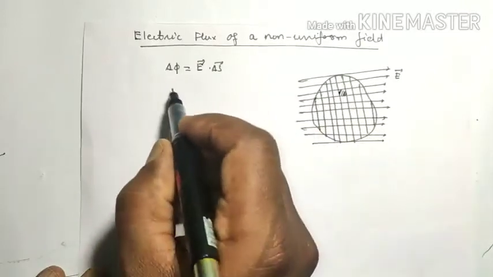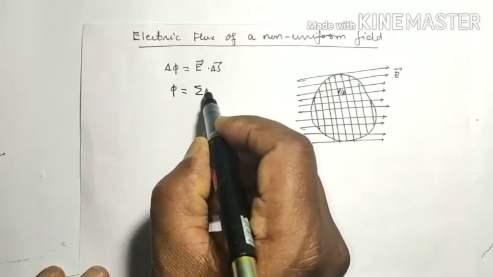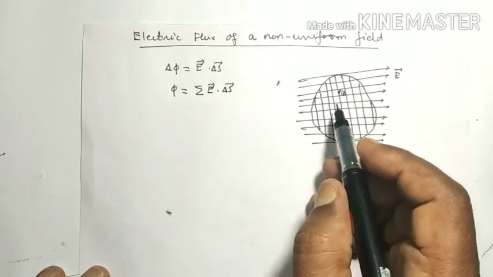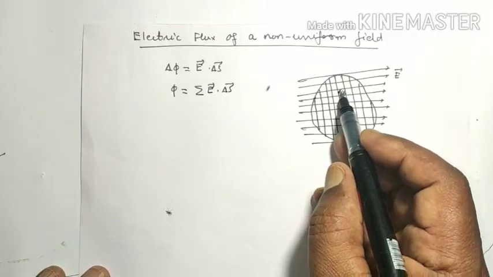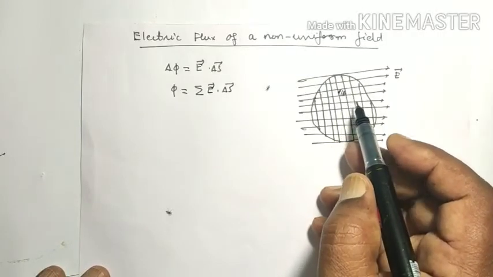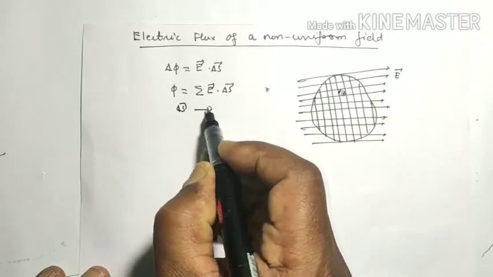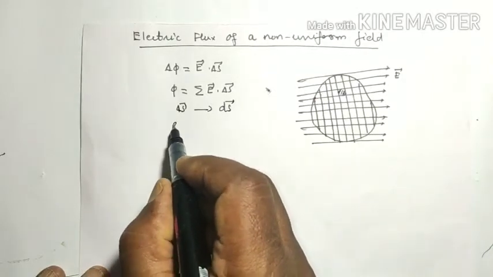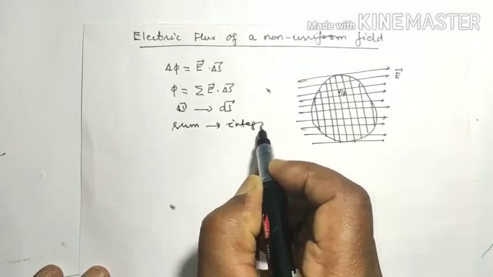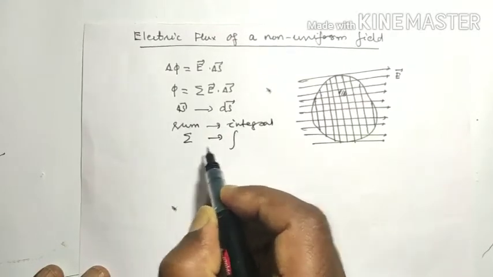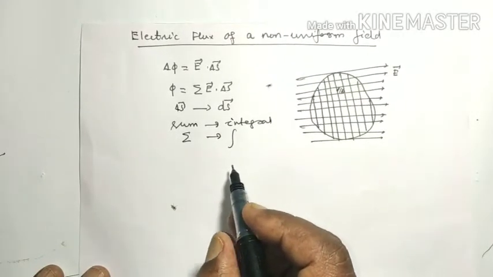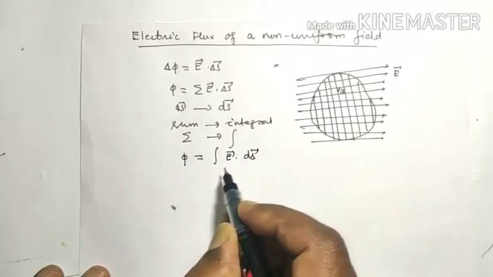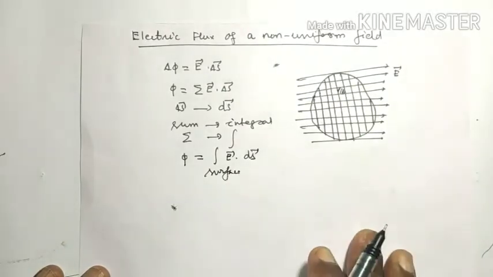So total flux over this surface is phi is equal to summation of E dot delta S. When the squares, that means each part, become smaller and smaller, delta S approaches a differential limit dS, and the sum becomes integral. So total flux phi is written as integral of E dot dS over the surface.